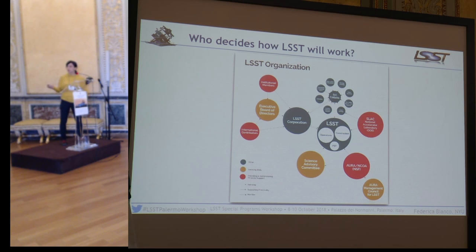And then on the other hand, you're also a member of a science collaboration, and so you have direct access to communication with the project, and you have the ability to influence the project on matters based on scientific arguments. So LSST was really designed as a telescope for the people, so the LSST strategy, the concept, the idea, and how it will be developed really rests in the hands of the scientific community and in your hands in these two roles.